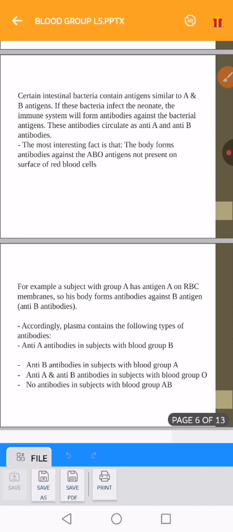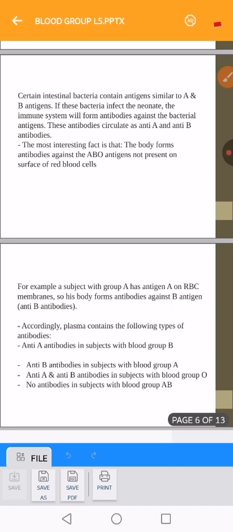Accordingly, we have 4 types of blood group. We have A blood group, B blood group, O blood group, and AB blood group. Those who have antigen A on the surface of RBCs have antibody B in their circulation. And those with blood group B have B antigen on the surface of the RBCs, and they have anti-A antibody in the circulation.